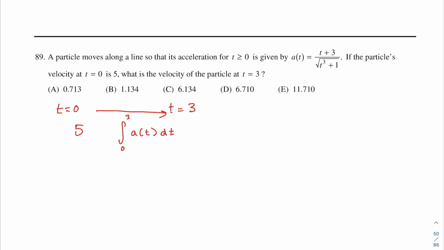So if we want to find the actual velocity at t equals 3, we take the starting velocity, which is 5, and we add it to the change, and then that would give us an answer. So you can go ahead and plug that into your calculator, and if you do that, you'll find that the total velocity comes out to be 11.710, which is E. So the answer here is E.